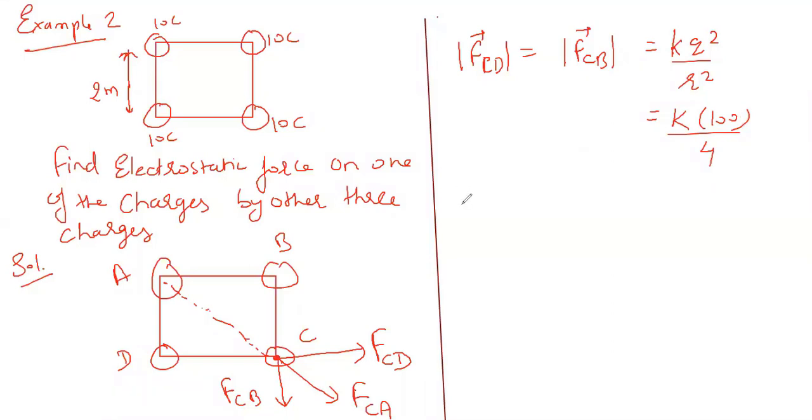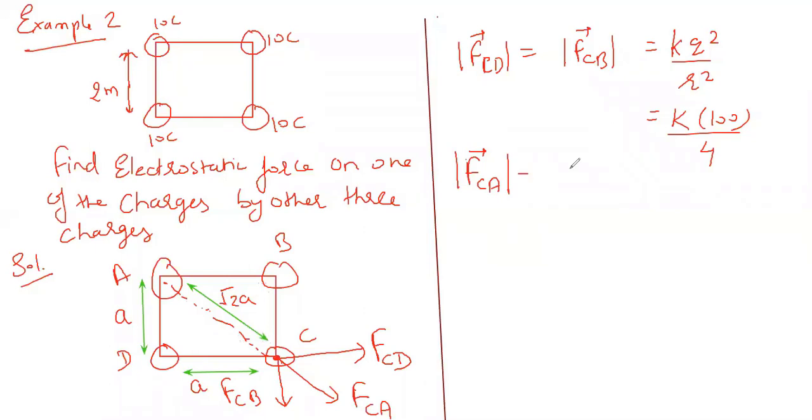Now if I try to write the magnitude of the vector FCA, then I can easily see this side is A, this side is A, and by applying the hypotenuse theorem, I can easily write this will be root 2A.